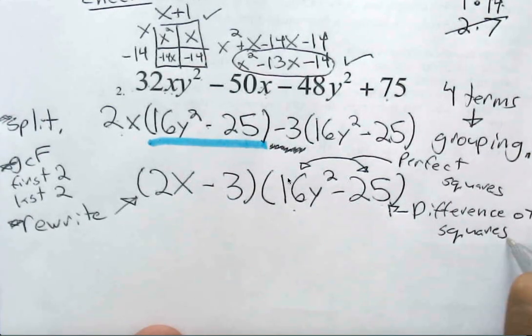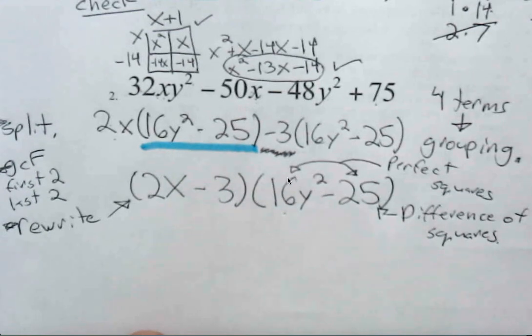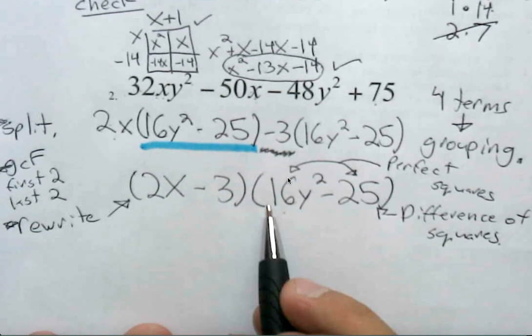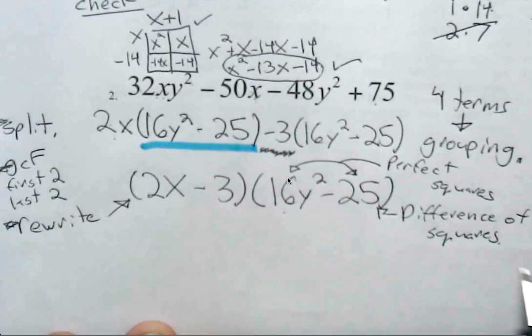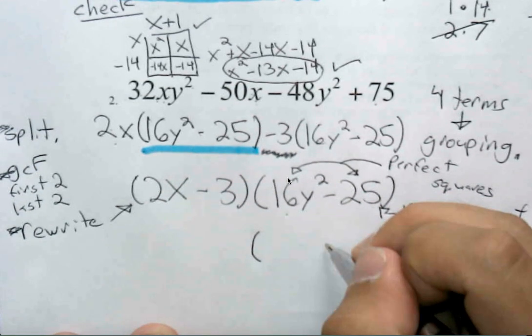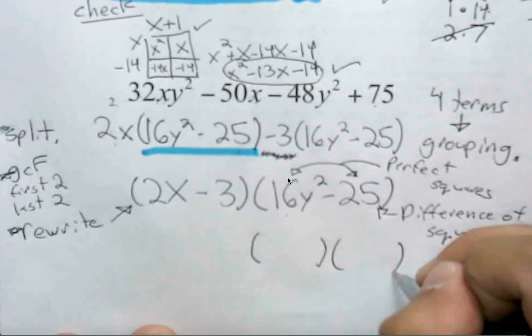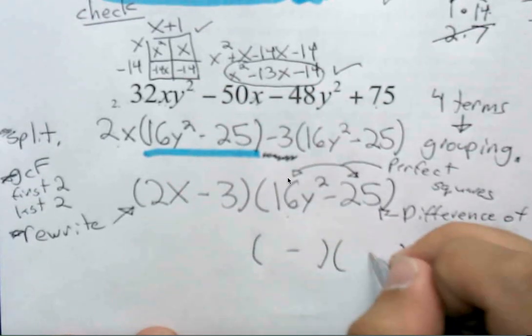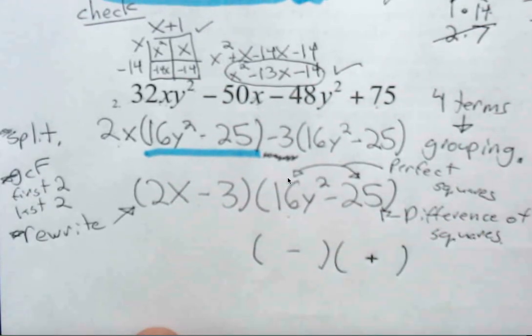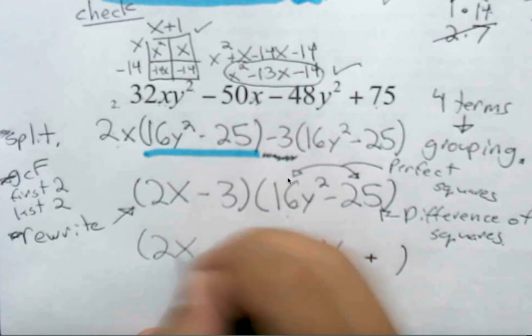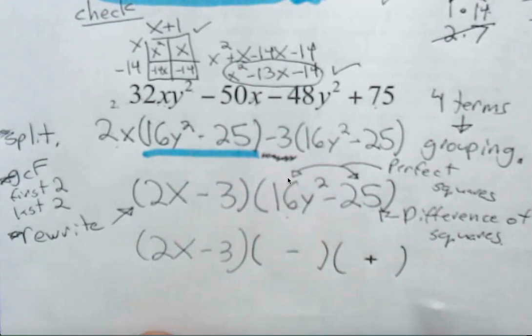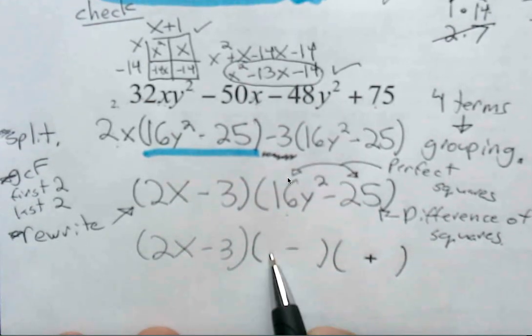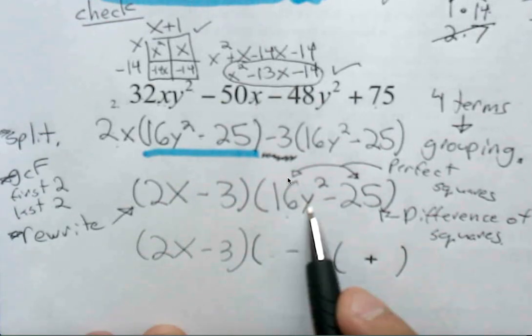If you need any assistance with recognizing those, please let me know. But this we can definitely factor further. If it's a difference of squares, it's as if we have the same type of binomial, but we have different signs for the middle. We'll keep 2x here and the negative 3. But we know that the first two terms have to multiply together and get 16y squared.